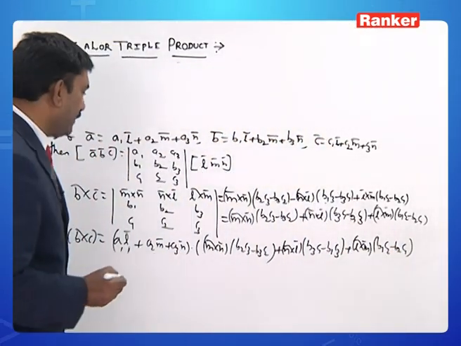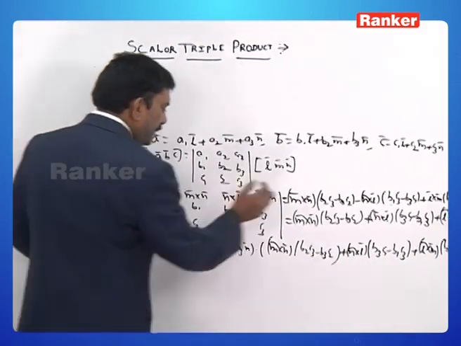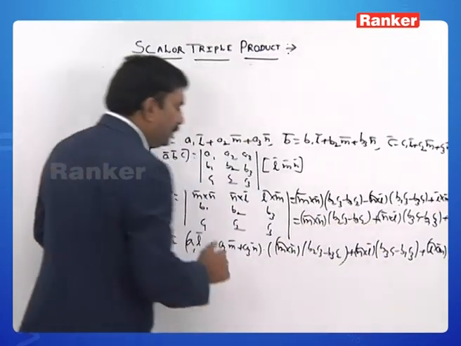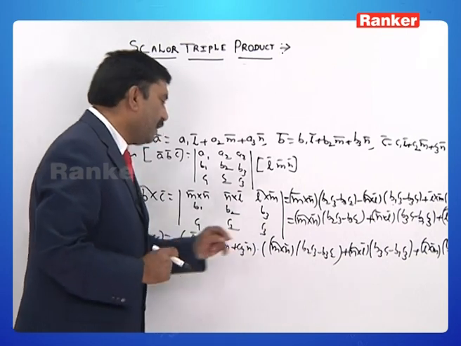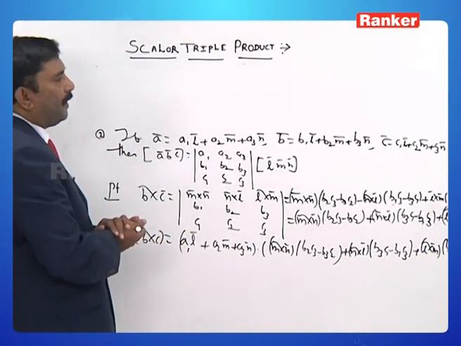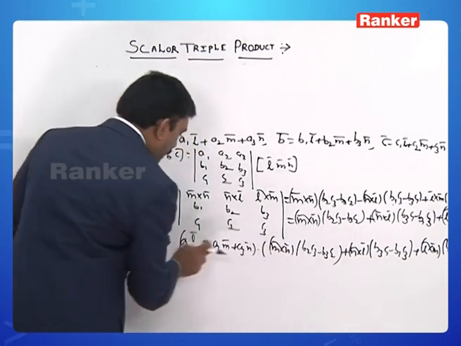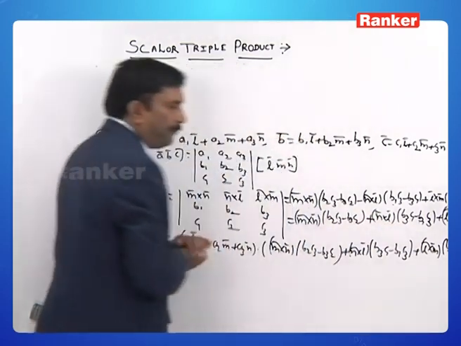Now take the dot product of this with this, this with this, this with this.